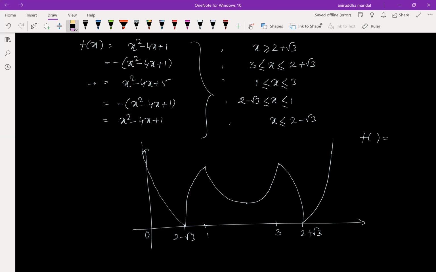So f1 means 1 minus 4 plus 5, which means this is 2. So this point is 2, the y value. Okay, so this is again 2.